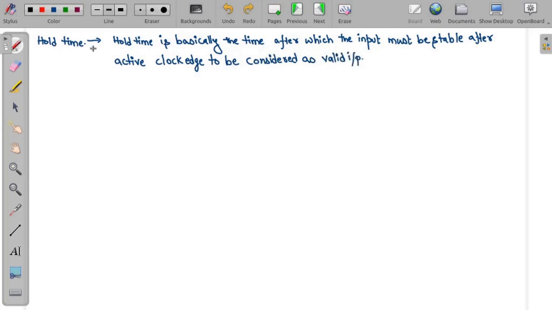Okay. Definition of hold time. Hold time is basically the time after which the input must be stable after the active clock edge to be considered as a valid input.